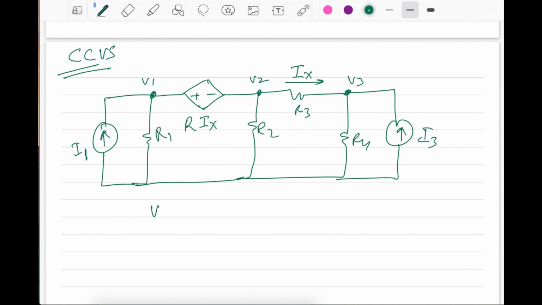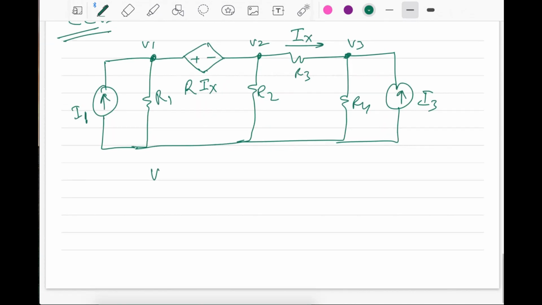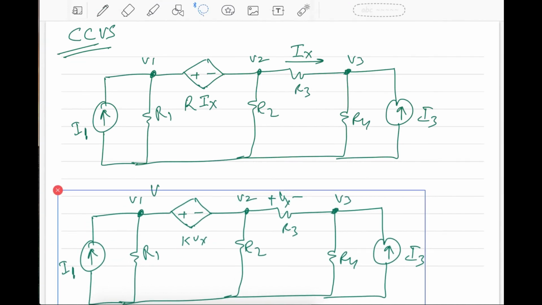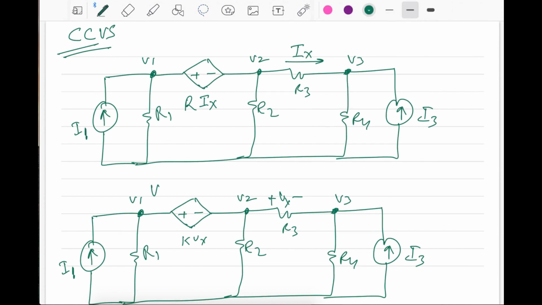So you calculate for this also, like what is the conductance matrix, and the last one will be a current controlled current source. So you do it for this variation also.